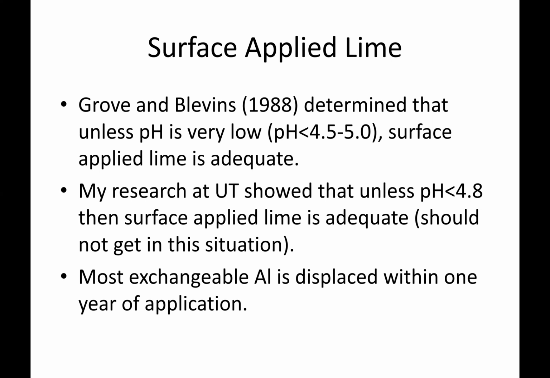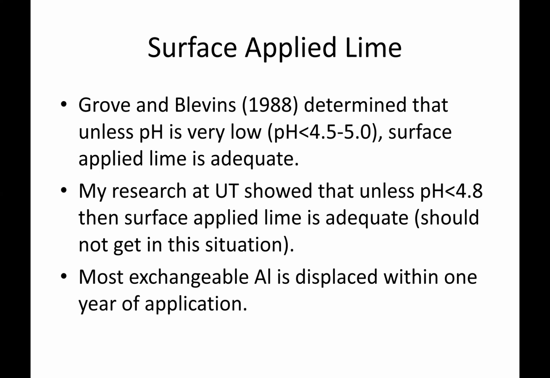Just because you're pretty low, and lime, or the acid neutralization reaction, does not move through the profile very fast. But hopefully you don't get down to 4.5 or 5. You should be doing a little bit better than that. And let's say I did get down to 4.5, and you apply a pretty good slug of lime.